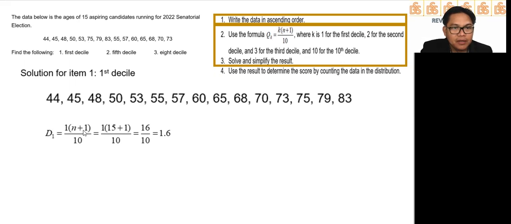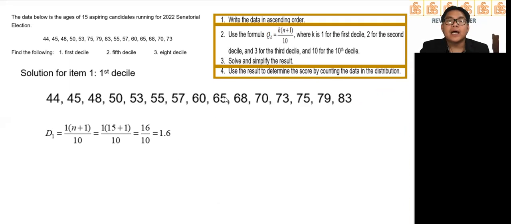Substituting 1 and 15, we have 15 plus 1 is 16, times 1 is 16, and then divided by 10 is 1.6. This is the scenario: you get 1.6. Now, how are we going to use this result? There is no 1.6 in the data, because there is just first, second, third, fourth. There is no 1.6 place.